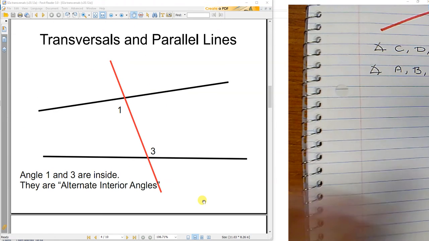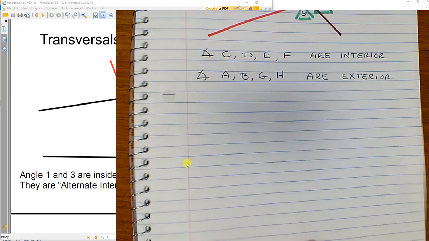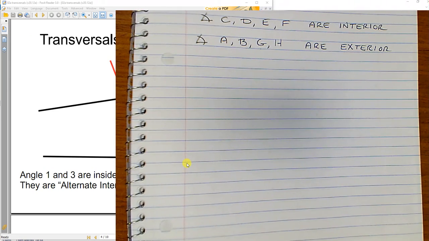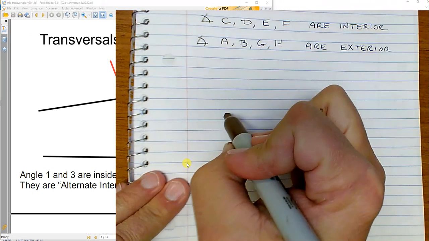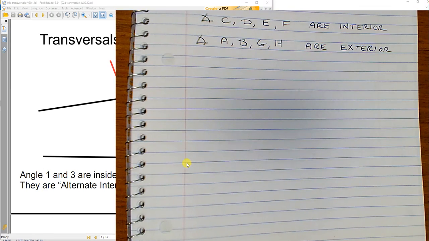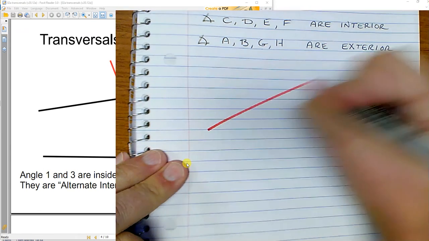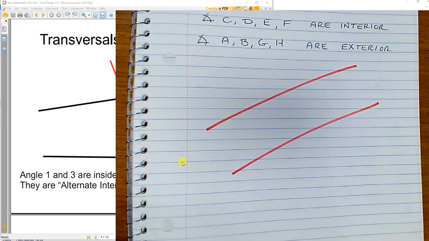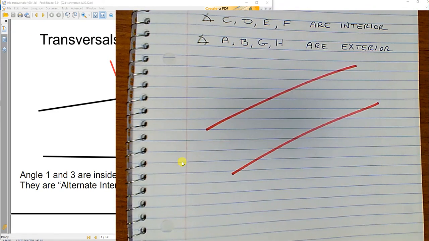So let's start a new piece of paper here. Parallel lines. And I'm assuming everything's parallel for this, although these terms will work for non-parallels also.